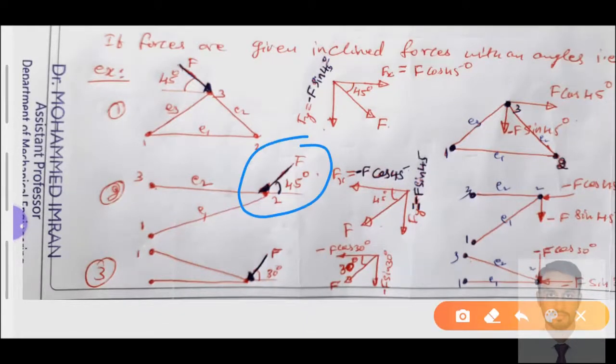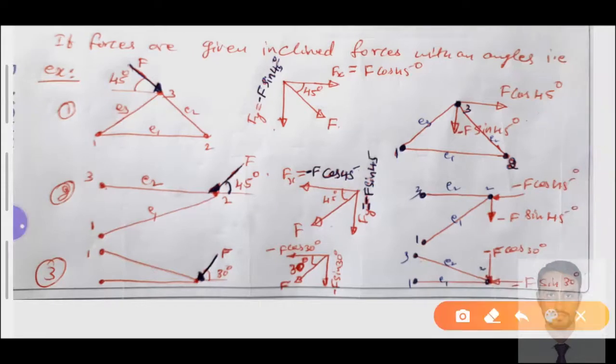If inclined forces are given, resolve those inclined forces into x and y axis components by using trigonometric functions, and then in the same position draw the given truss element and represent those x and y axis forces. You can easily identify how the forces are exerted on the given problem, with the given inclined force converted into horizontal and vertical resolved forces, and solve the problem.